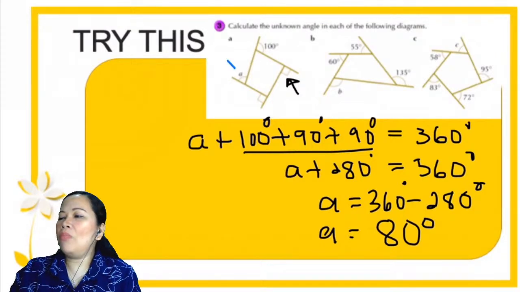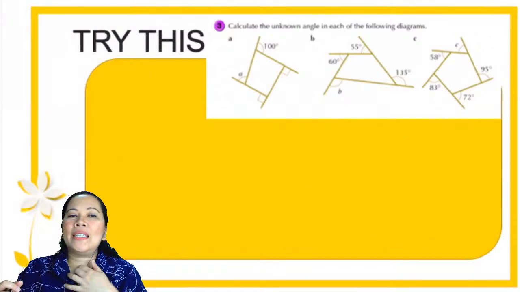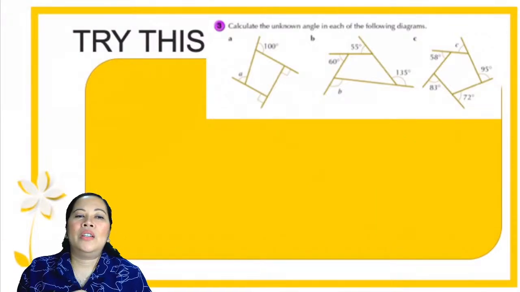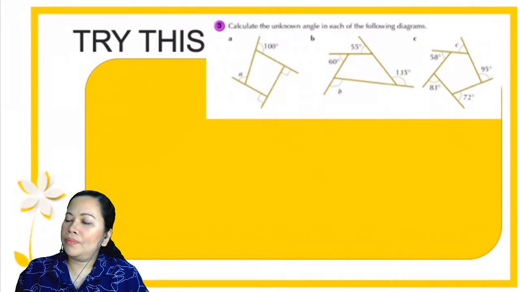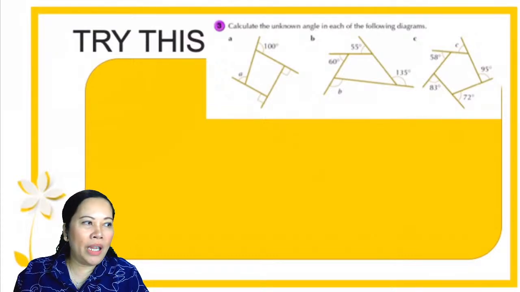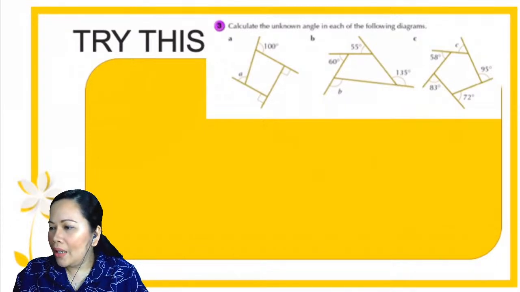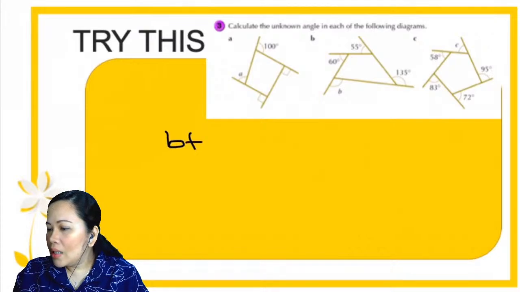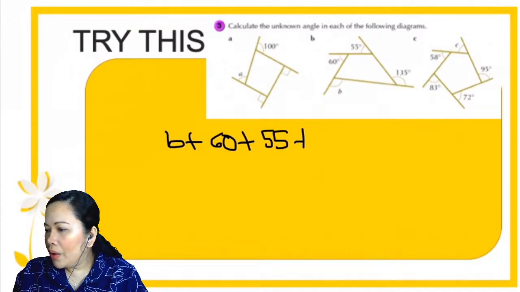Okay. How about letter B? Can you try it on your own? B and C. Try to solve the missing angle. I'll write B for you and then I'll write C for you as well. I do not know if it's clear from your end, but if it's not clear, I'll write it down for you. So that will be B plus 60 plus 55 plus 135 equals 360 degrees.